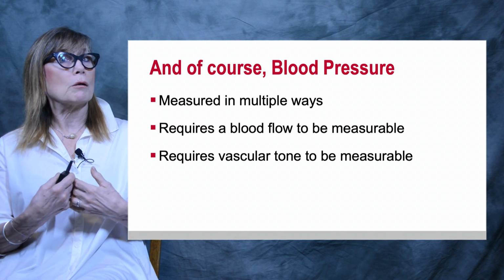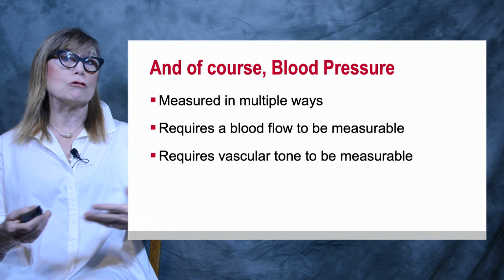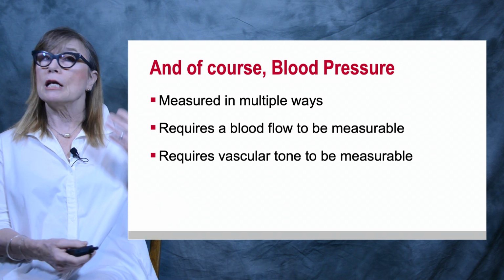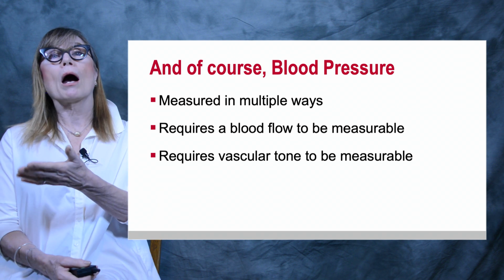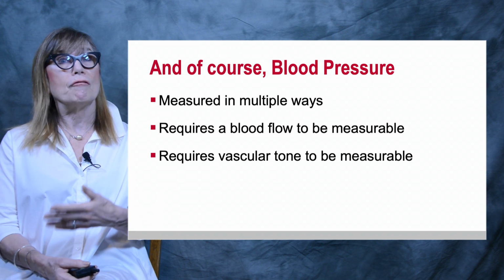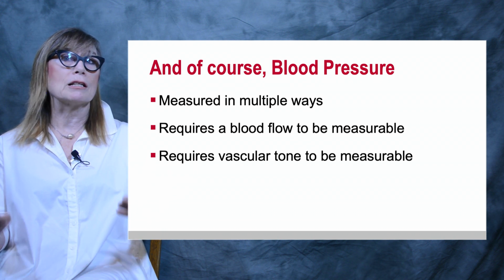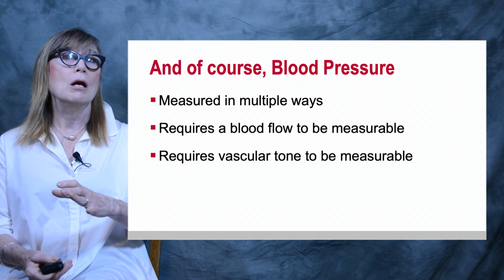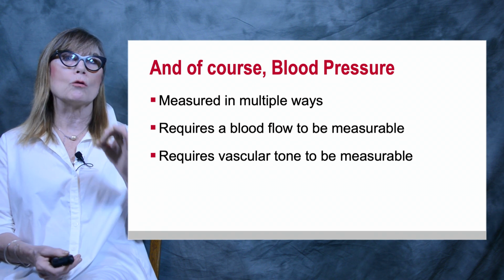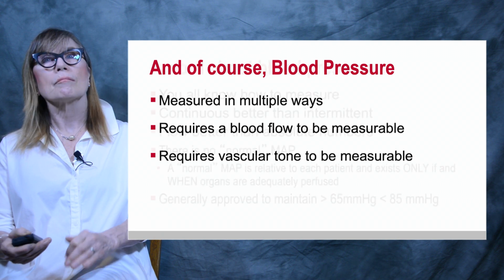So of course, you can completely appreciate that the two ways that we treat circulation and blood pressure is we try to improve your blood flow with volume and inotrope, and we try to improve your vascular tone with vasopressors. What we're trying to do is reach a balance where you have adequate blood flow, but you maintain a blood pressure that is adequate to keep your blood vessels open and perfused.